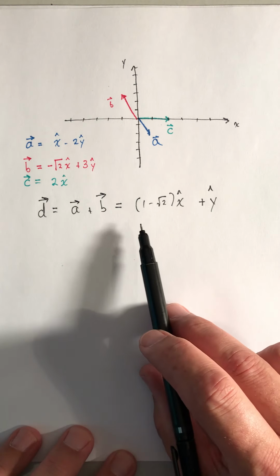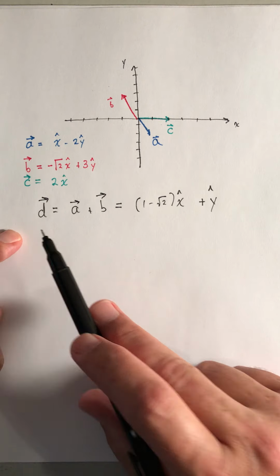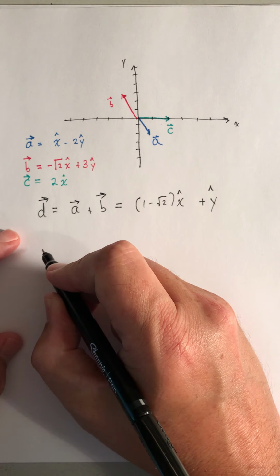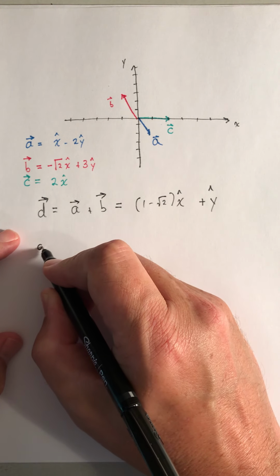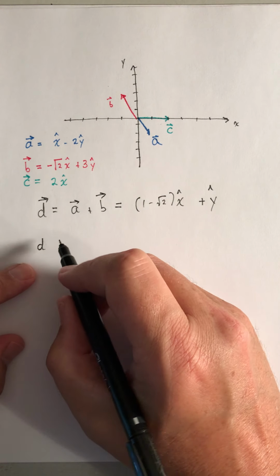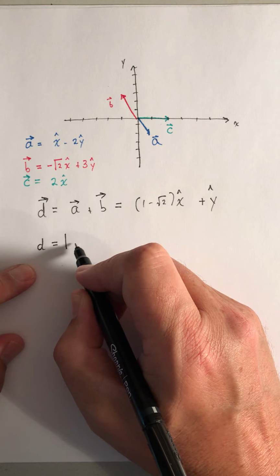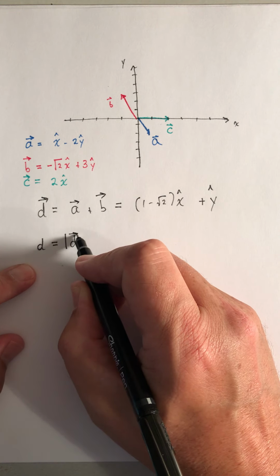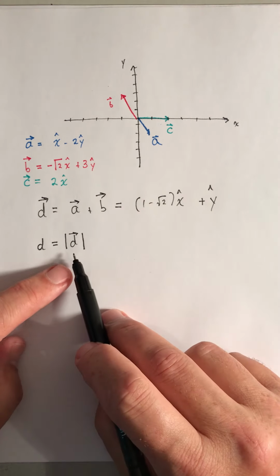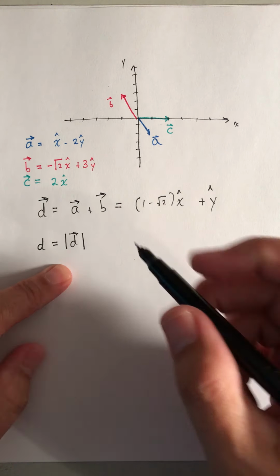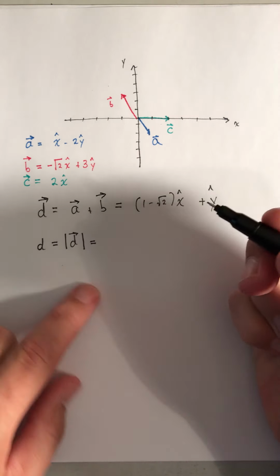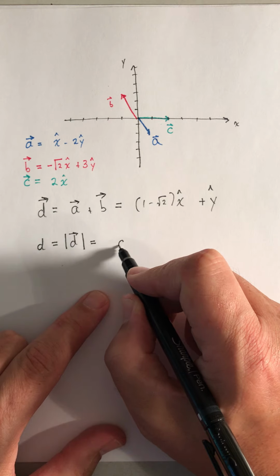We want to find the magnitude of this vector D. So writing that out, the magnitude D, without the vector symbol, means I'm taking the length of the vector, and that means I'm using the Pythagorean theorem.